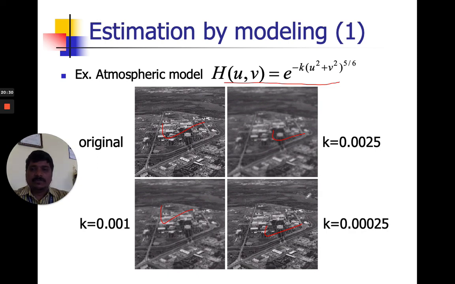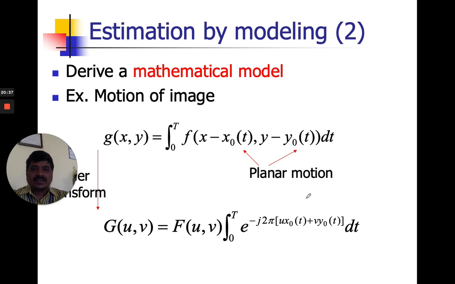I hope you have understood the formula and the output of estimating by modeling. By deriving a mathematical model, g(x,y) equals the integral from 0 to T of f(x minus x0(t), y minus y0(t)) dt. These two parameters constitute planar motion.